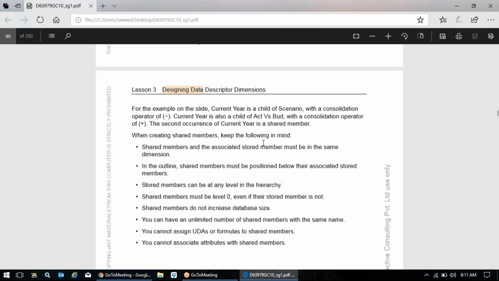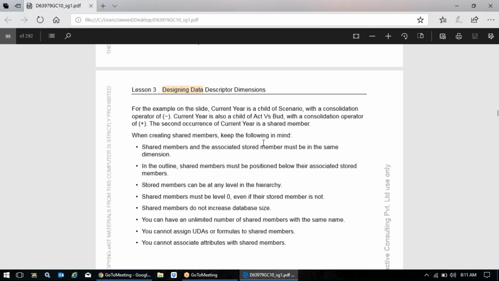For all the values which are loaded from the file, for all the values which are being associated with the members, they have to be marked as stored.